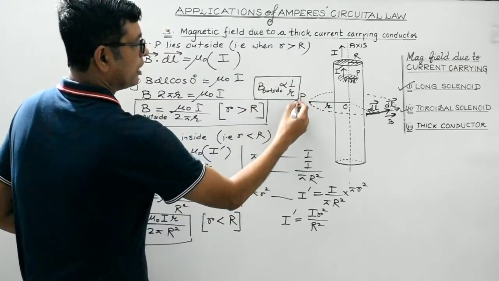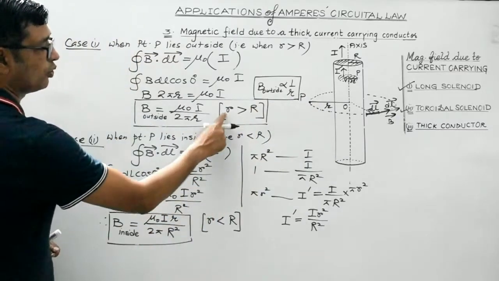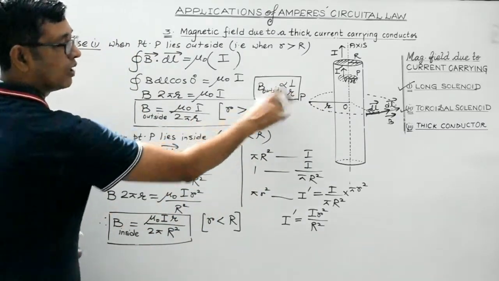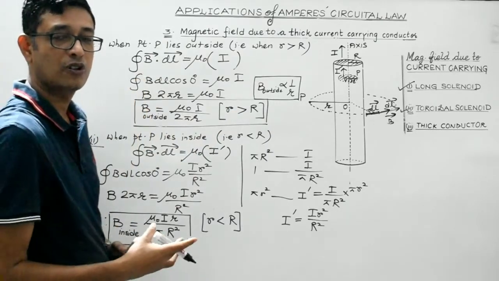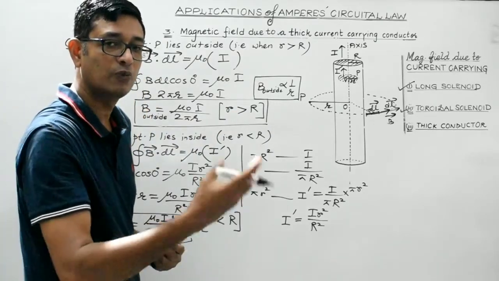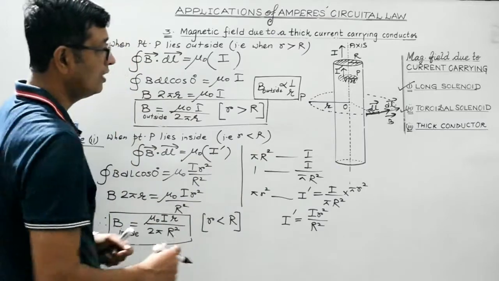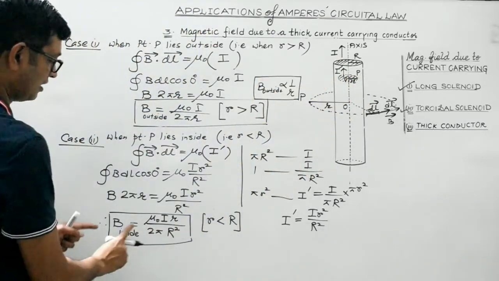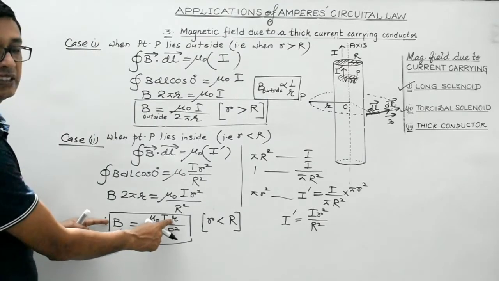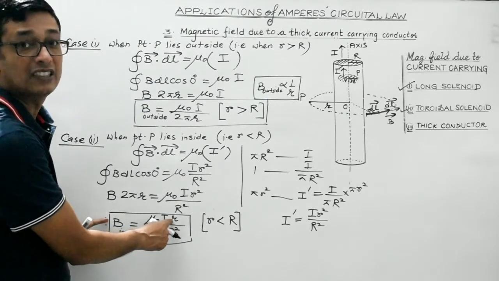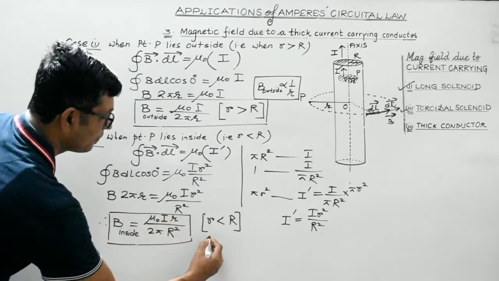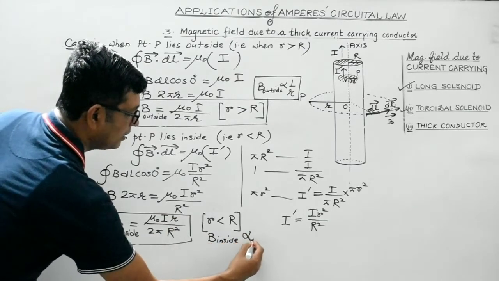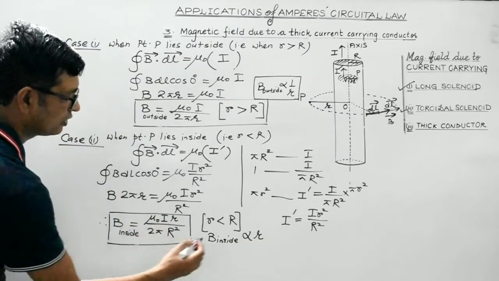When observation point P lies outside, that is for small r greater than capital R, it varies with the distance as 1 by r, inversely proportional to the distance of the observation point from the axis. While if the observation point lies inside the thick current carrying conductor, then magnetic field is directly proportional to the distance. So in this case, B inside is directly proportional to small r. Rest all the terms are constant.